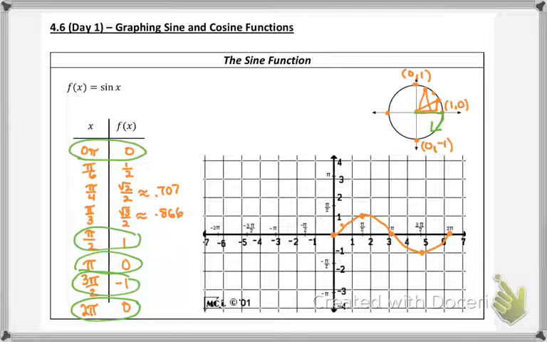And so if I go negative, negative pi over 2, going clockwise 90 degrees would land me right here again, and I would be at negative 1. Okay, and if I go negative pi radians, my y-coordinate would be at 0.